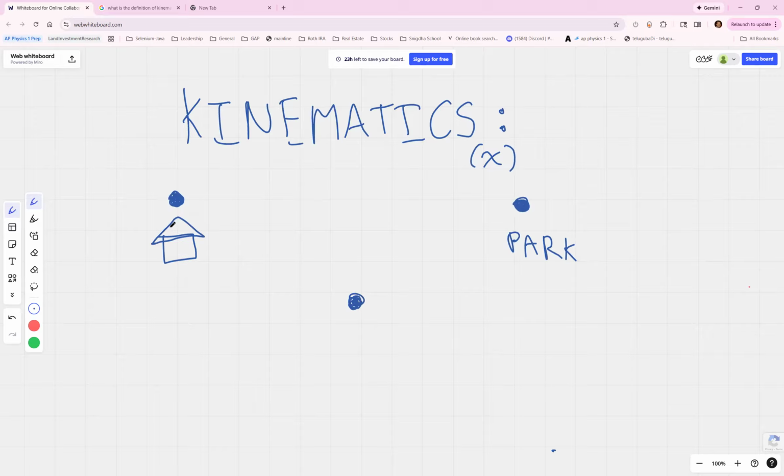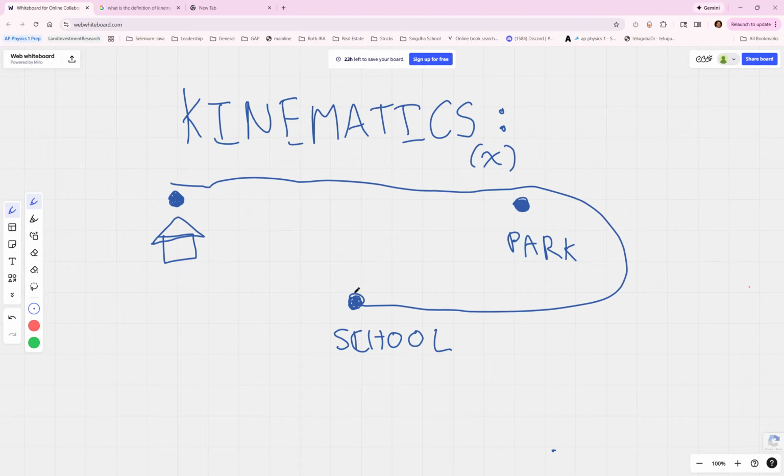And right in between your home and the park is the school. Now the only way you can get from your house to the school is to take a roundabout loop like this.